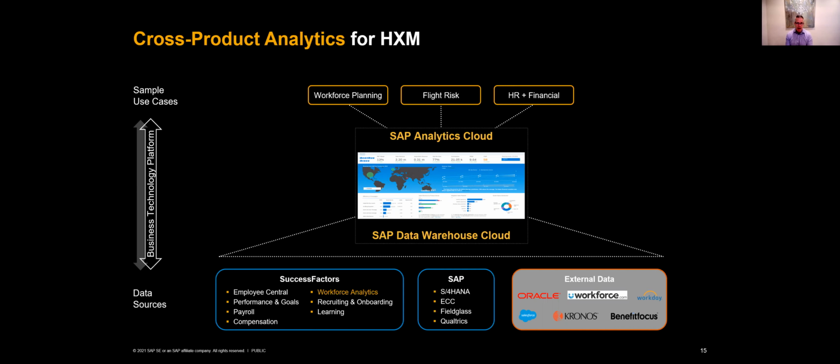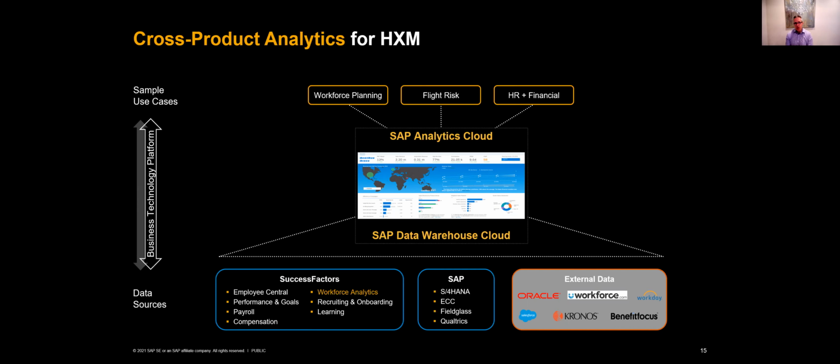Maybe you want to tackle S/4HANA as well as connecting to SuccessFactors, or maybe you want to connect to SuccessFactors and S/4HANA Cloud. But we can do that with Data Warehouse Cloud natively to connect in, as well as to external data like we see with Kronos or Oracle, or maybe you have Workday. But we can tackle those data projects together with Data Warehouse Cloud.